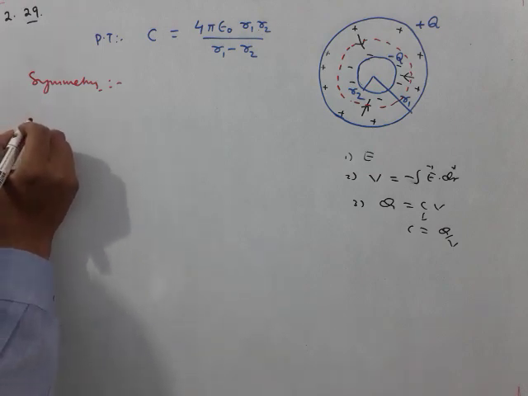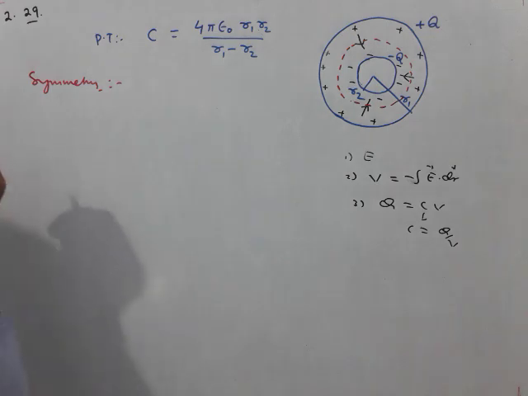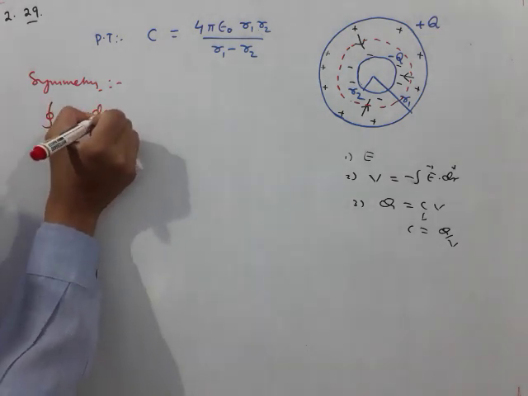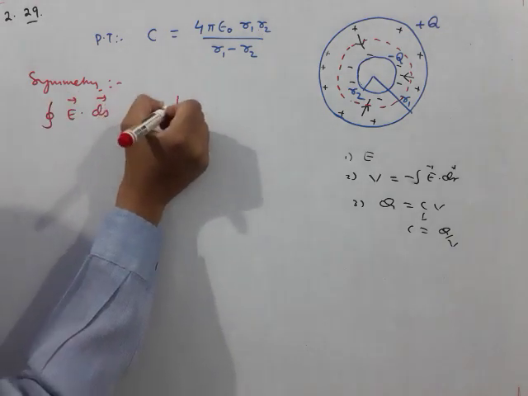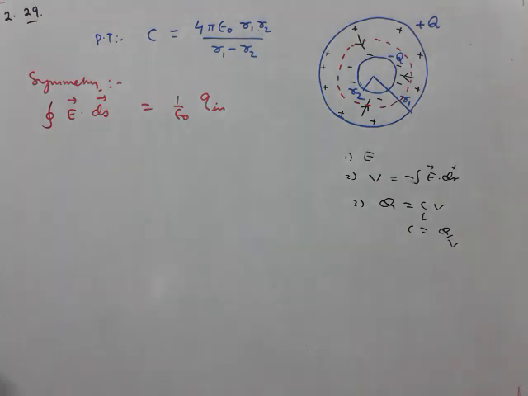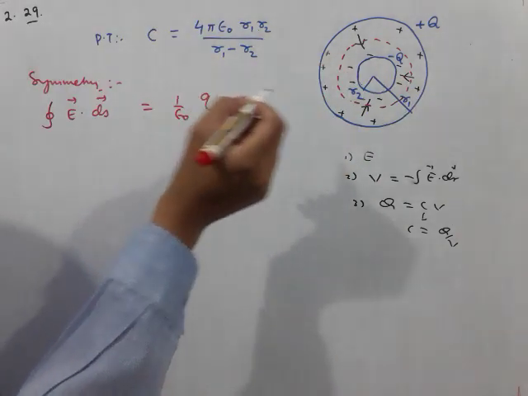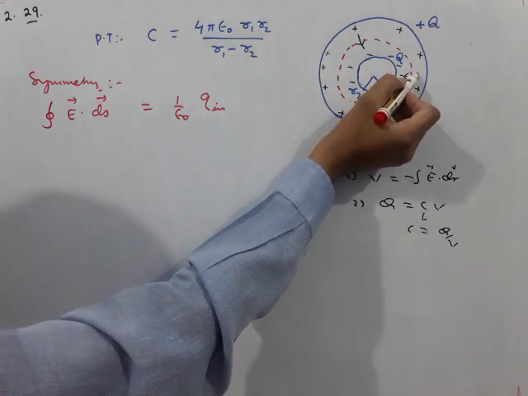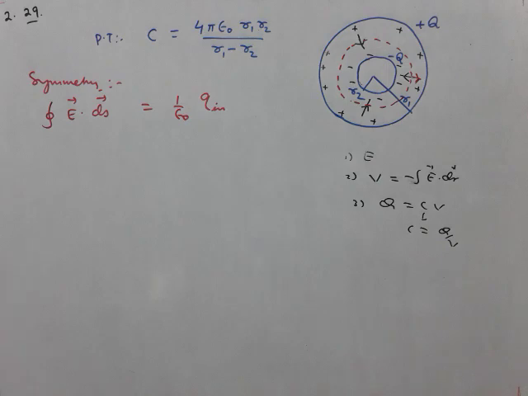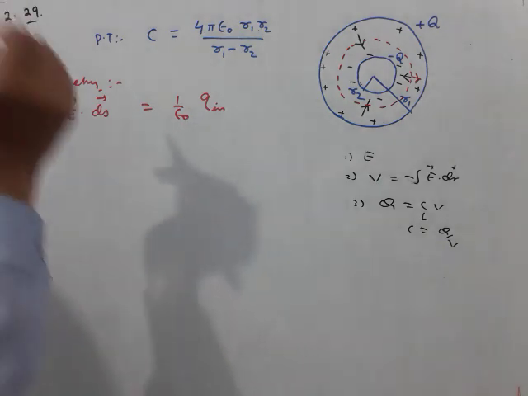So we will use Gauss law. Integral E dot ds will be 1 by epsilon naught times q in. Now E vector is directed inward, ds vector will be directed outward. We know, students, that the direction of ds vector or area vector is along the outward normal.